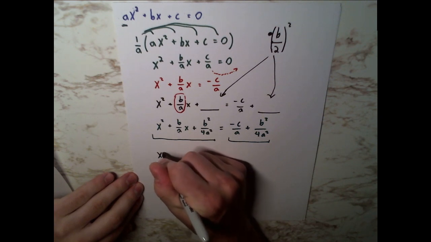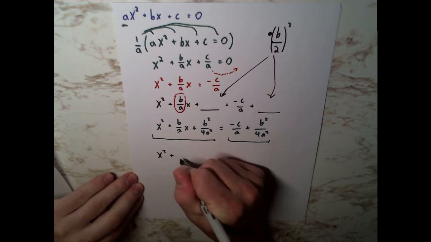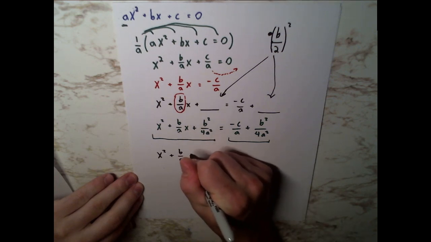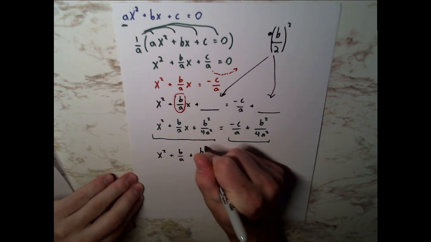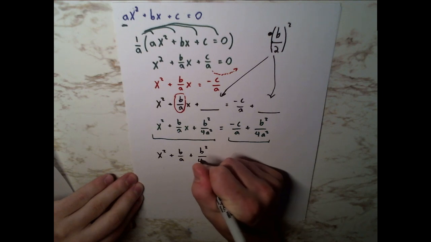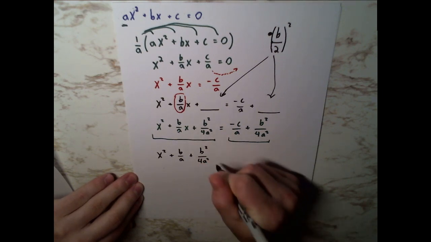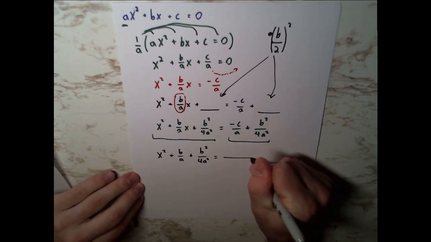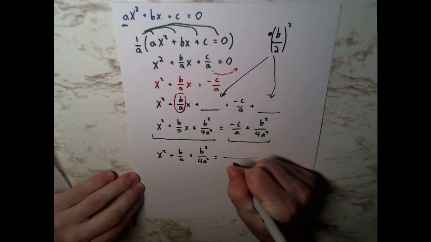We have x squared plus b over a plus b squared over 4a squared, and that's equal to the expression that we just calculated.